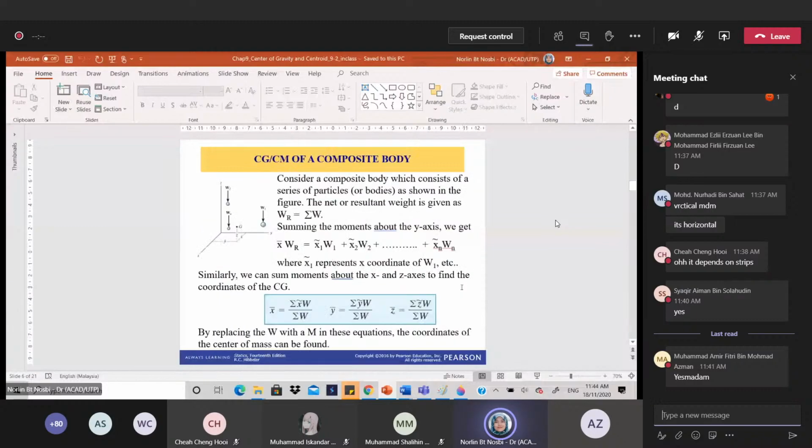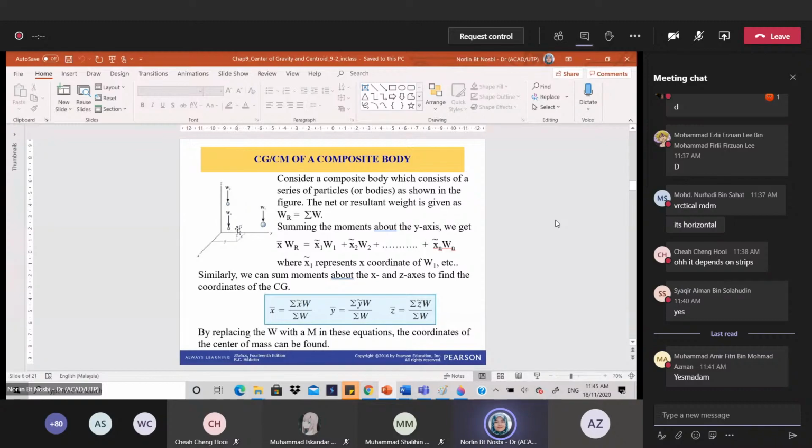Okay, for example, another example: there are 3 particles here. The shape is different, and the weight is different. So how do you find the center of gravity? The center of gravity must be the resultant of all the weights, from all the particle weights.